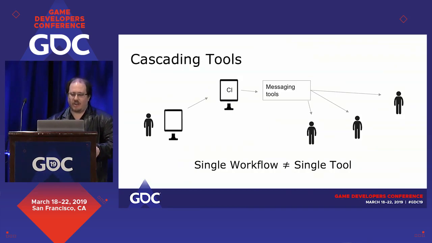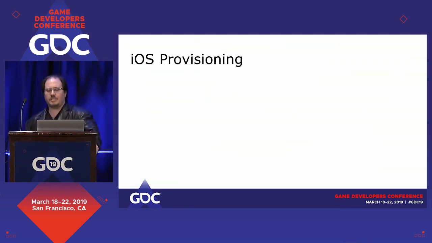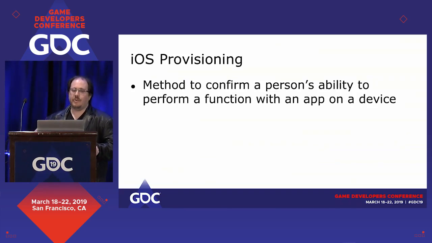So we're going to go into a workflow example of reducing something. This is going to be a particularly poor workflow we're going to walk through here, but also it's a problem area in general I don't think for game development anyone should really ever be thinking about. Just for a little bit of background on the space, when you're working on iPhones, you have to deal with iOS provisioning.